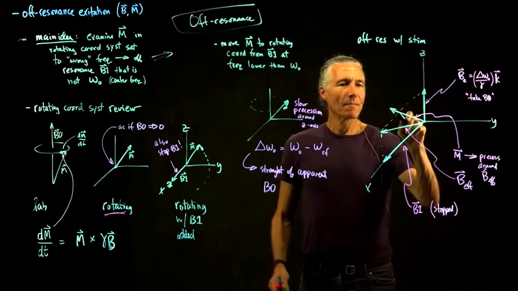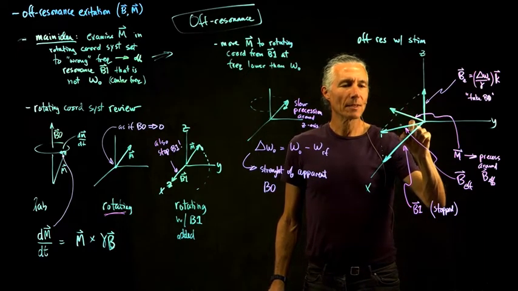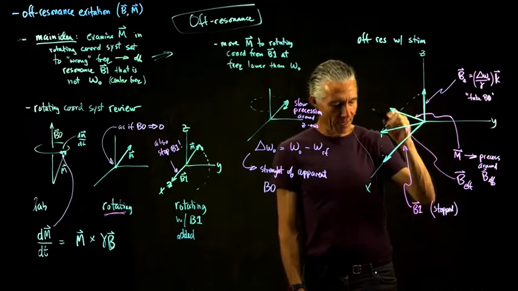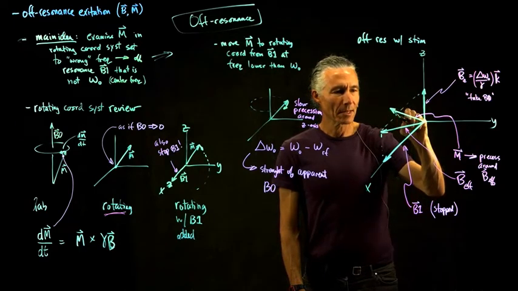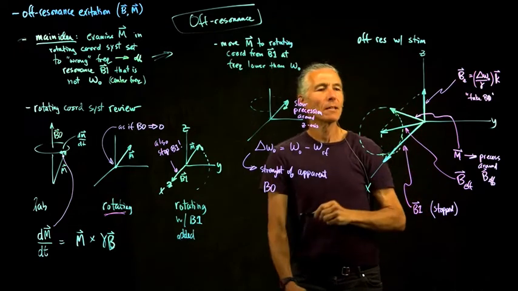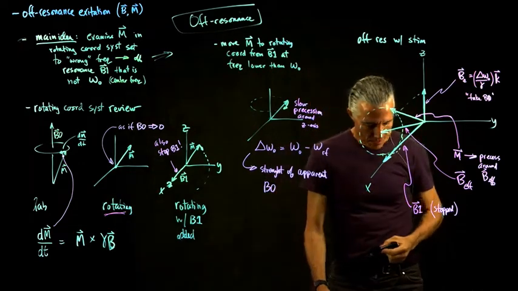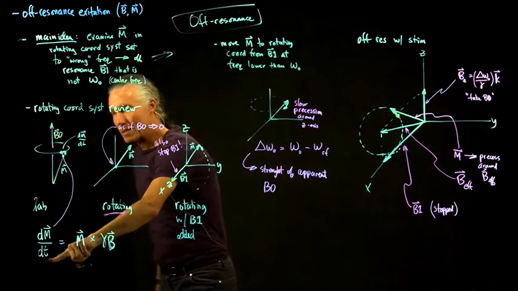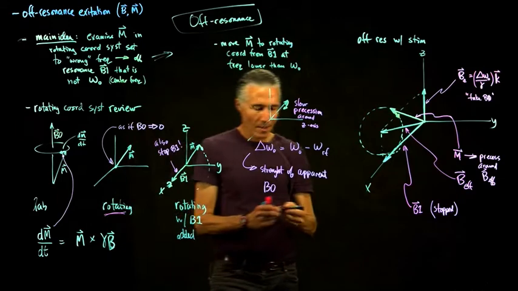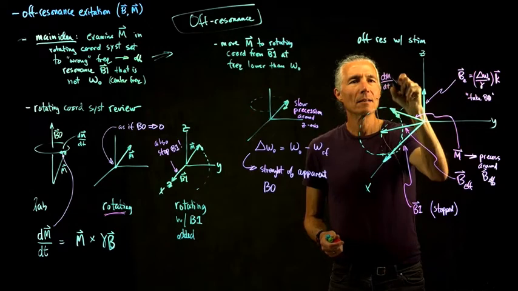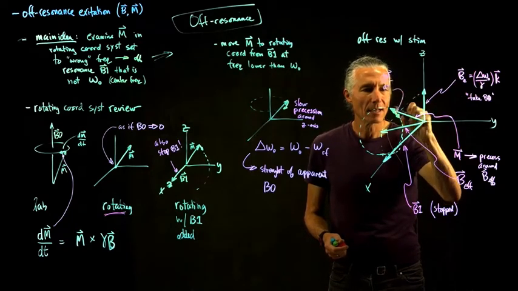That's going to cause this M vector to precess around this offset B. So it'll be something like that. So the last insult is, here's the actual precession vector, the next update vector that you get from doing the cross product. So this guy is the dM/dt. There it is right there.